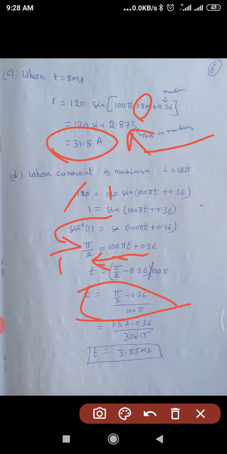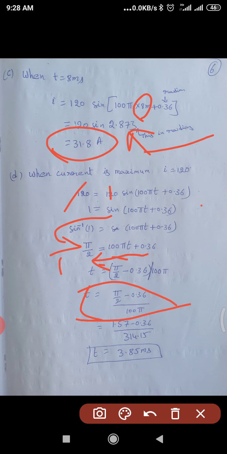If you substitute all these values, here I am writing pi by 2 as 1.57. That means it is in radians. Actually pi value is 3.14, so I am replacing pi by 2 as 3.14 by 2.